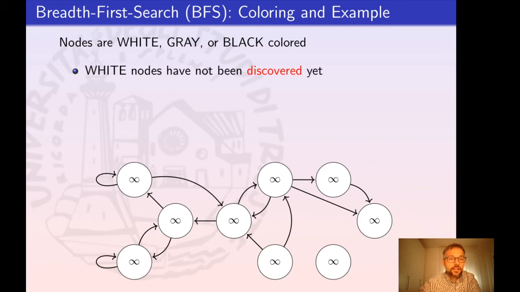I don't know, but it doesn't matter. All the nodes in a BFS visit are either white, gray, or black. White nodes have not been discovered yet. So at the beginning of computation, all the nodes are white.